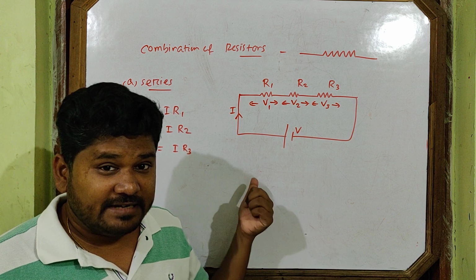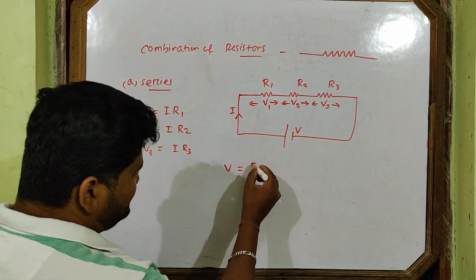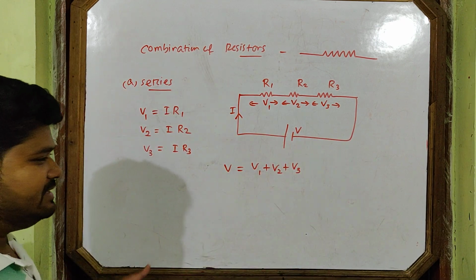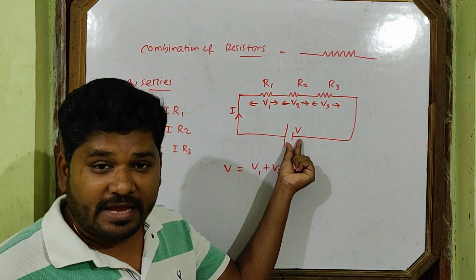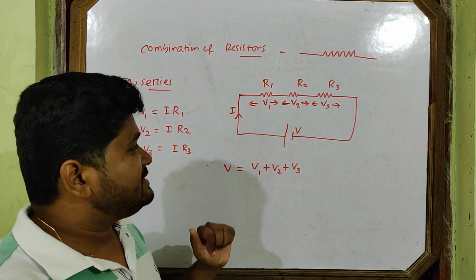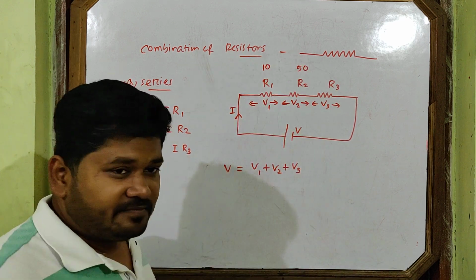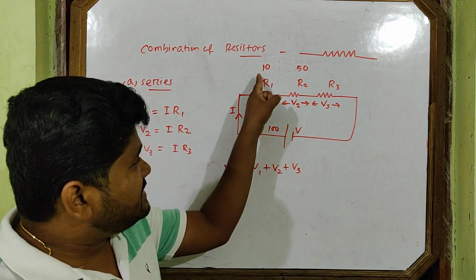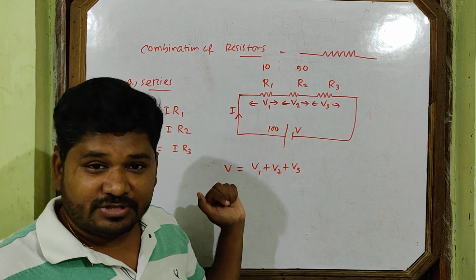As potential divides here, we can write net potential V is equal to V1 plus V2 plus V3. Suppose you apply here 100 volt potential. If here it is 10 volt, if here it is 50 volt, you have applied 100 volt. If here it is 10, here it is 50, here will be how much? 50 plus 10 is equal to 60.